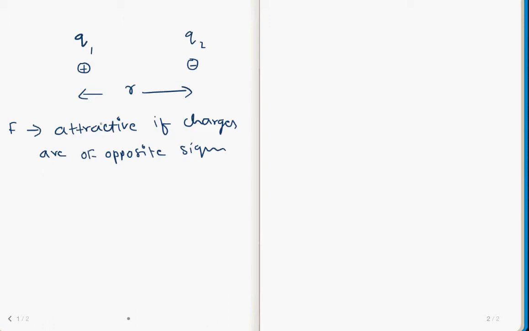Now as we can see, the force on Q1 due to Q2 is F12 in this direction, and the force F21 acting on Q2 due to Q1 is pointing in this direction.